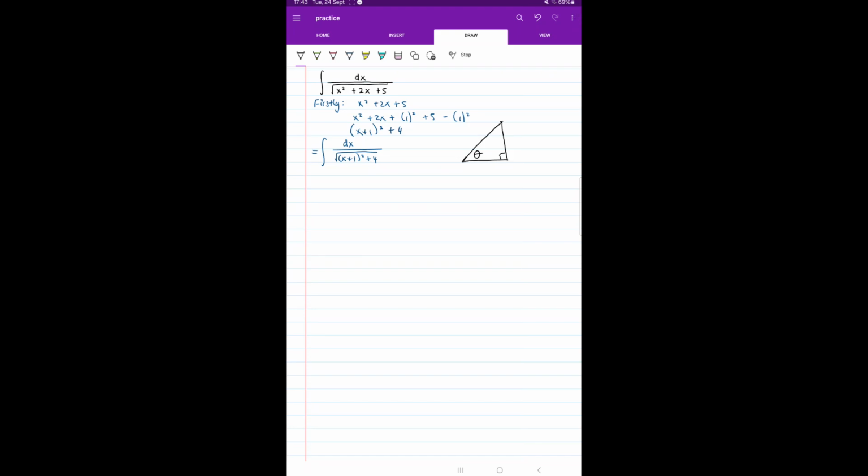Okay, so let's think about a squared plus b squared equals c squared. Let's focus on this part, a squared plus b squared. Notice that if this is a, that part that I highlighted is a, that's a squared, and this part is b squared, because we can say that's the same thing as 2 squared.